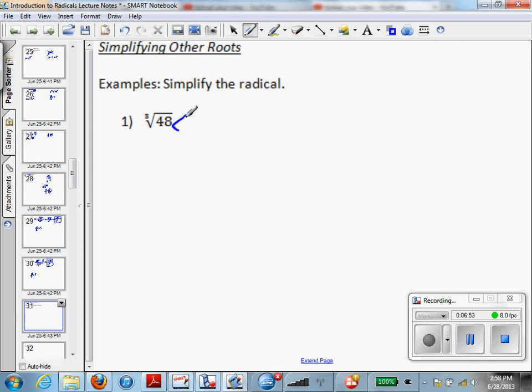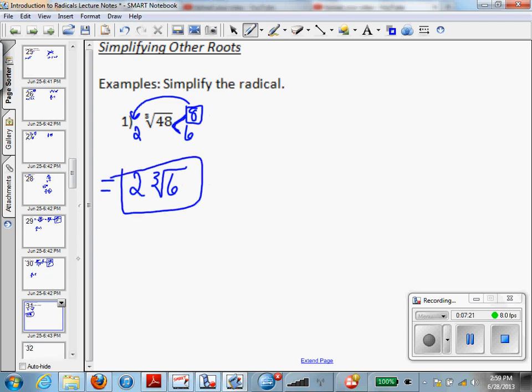And you can think of 48 as the product of 8 and 6. And as you know, 8 is actually a perfect cube of 2. So there's our cube root. 8 comes out as 2, because 2 times 2 times 2 is 8. But we cannot break 6 down any farther. So 2 cube root of 6 is the answer.